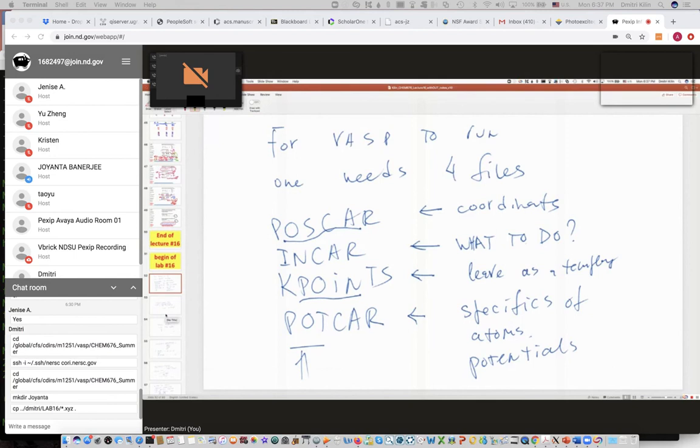After that, I already copied and pasted here, and that came here: global CFS slash CDRS. XYZ, yes. I'll inspect your directory when it will be time.